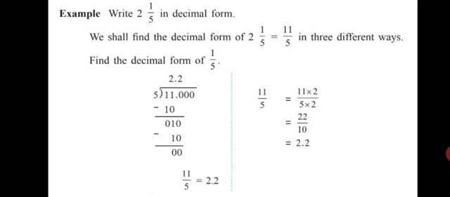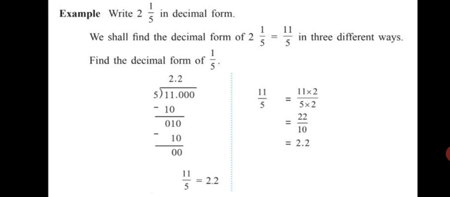So 11 we have operated by taking 5 twos are 10 and the remainder is 1. Now you can see a decimal point. So in the quotient also put a decimal point and then bring the 0 down. Again 5 twos are 10 and now the remainder is 0. So 2.2 is your answer. This is one method, by dividing normally and taking the decimal point wherever it is required.